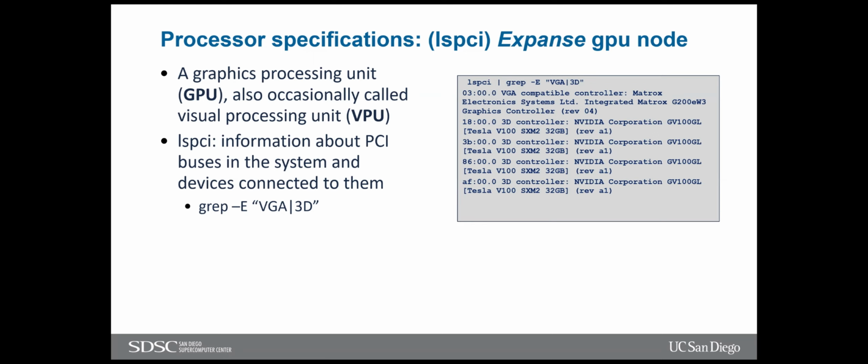This command also has a very large amount of output, a little less than the other command, only 300 lines, but still more than you want to look through. So again, using our scripting tools, we can specifically look for the 3D controllers. If you grep -E for VGA or 3D, it will show you that you have the controller, and then it will show us our four devices.